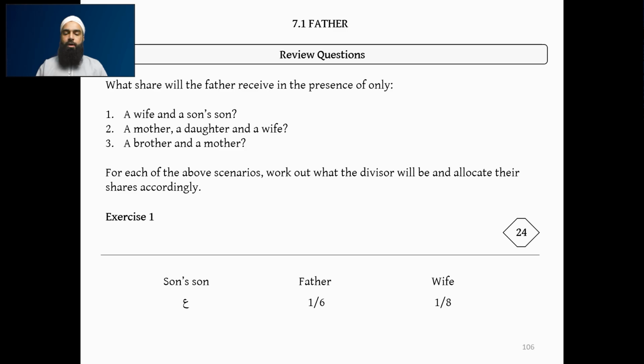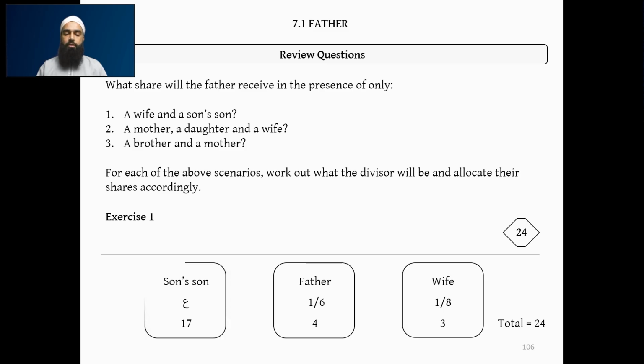Then we give the wife 1/8 of 24, which is 3. And we give the father 1/6 of 24, which is 4. We add that up, 4 plus 3, which is 7, and subtract from 24 to see what is left over. We have 17 left over, which we give the son, the remaining. We add it all up, it equals 24. So we have done the scenario correctly.